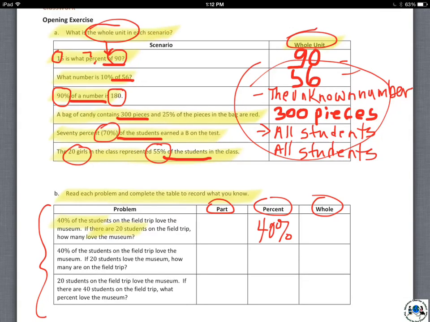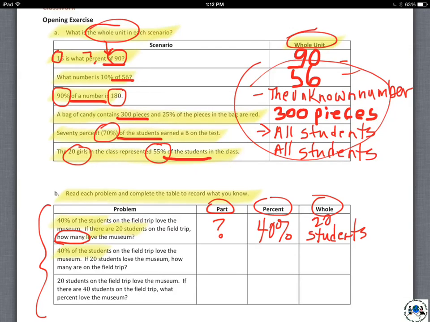And we know if there are 20 students on the field trip, we have our whole, 20 students. Therefore, our part is going to be our question mark or our unknown. So 40% of 20, how much is that? Then we will know the answer to our part.